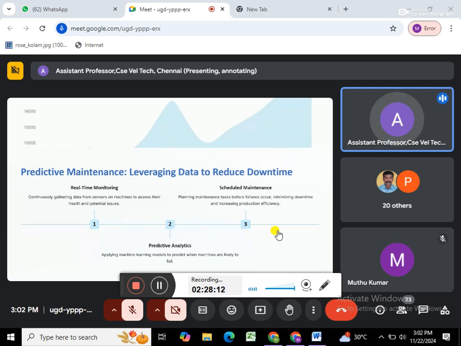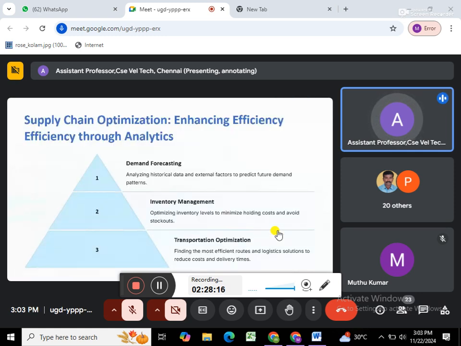This is also very important with respect to industry 5.0 and supply chain optimization. This is also one of the places where the usage of industry 4.0 is inevitable, starting from demand forecasting, inventory management, and transportation optimization.